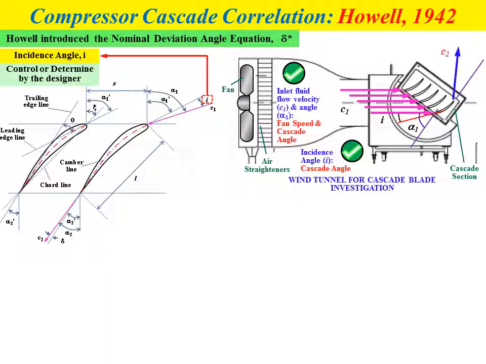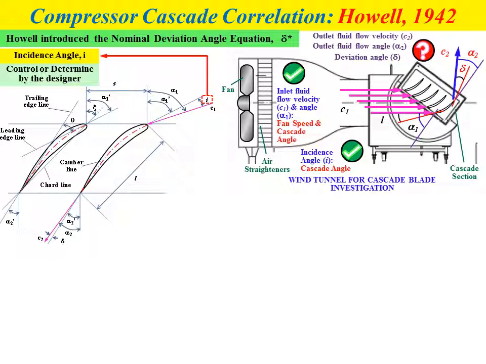Okay, however, the outlet conditions, such as the value of C2, the outlet fluid flow velocity, alpha 2, the outlet fluid flow angle, and also the deviation angle, are unknown parameters. So these parameters are not known.